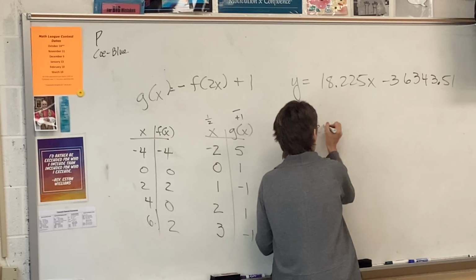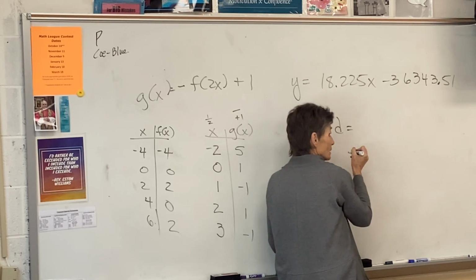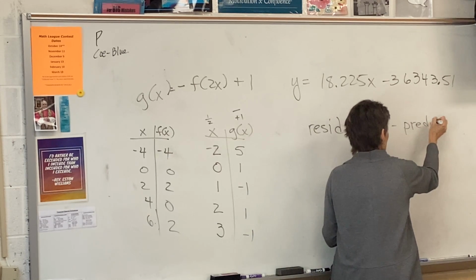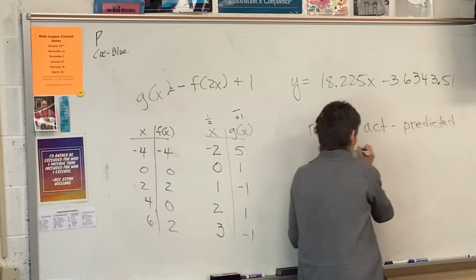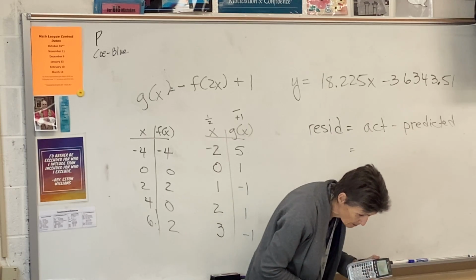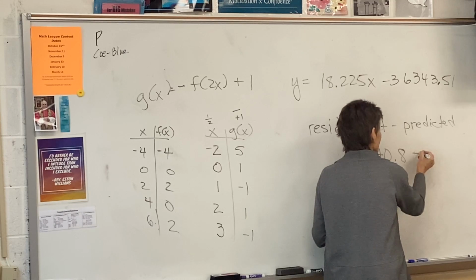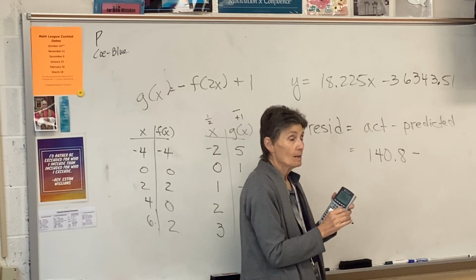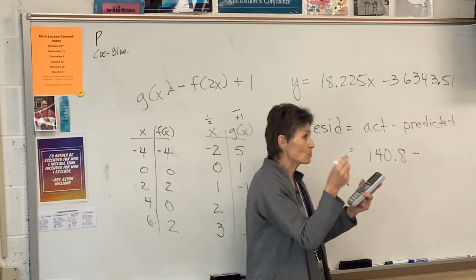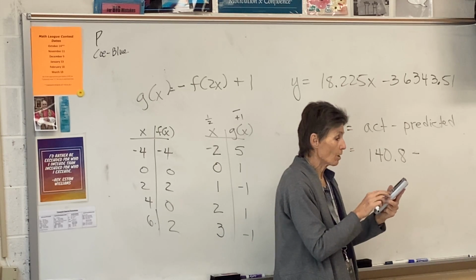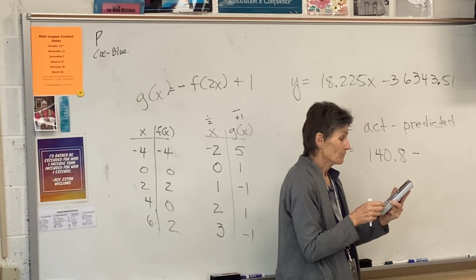So, if we're doing it by hand, it's actual minus predicted, right? And the actual value for 2002 is 140.8. The predicted value is what our calculator tells us for 2002.